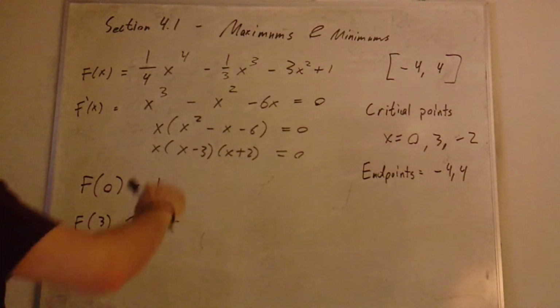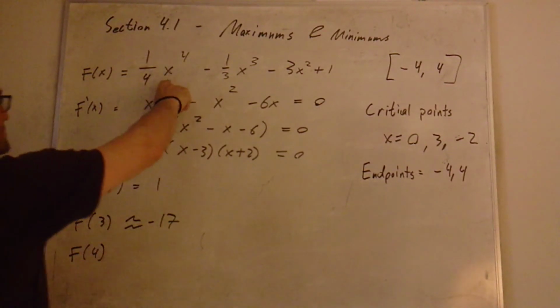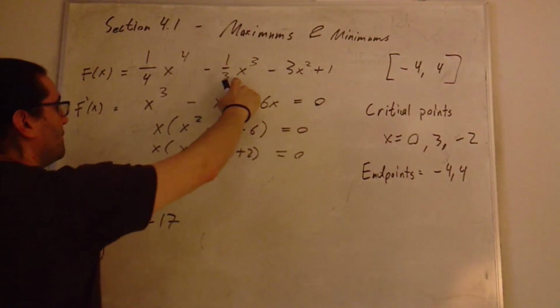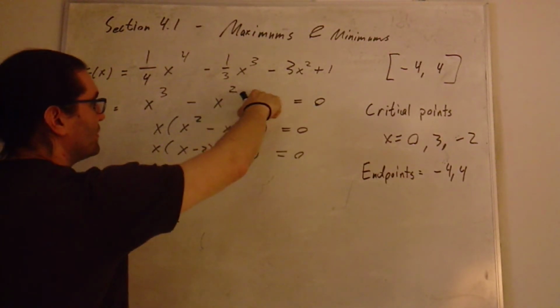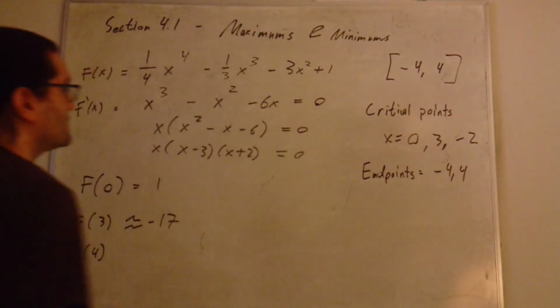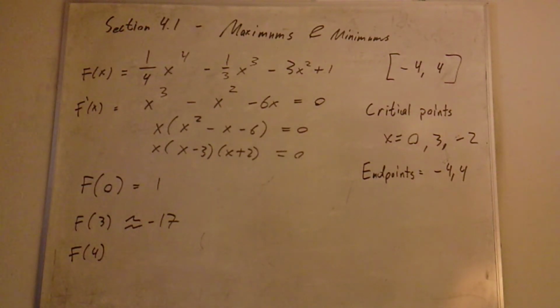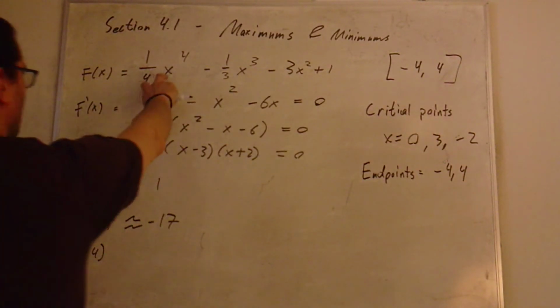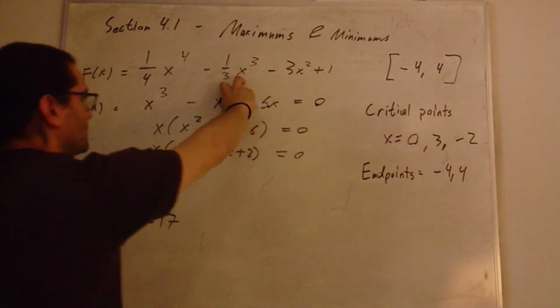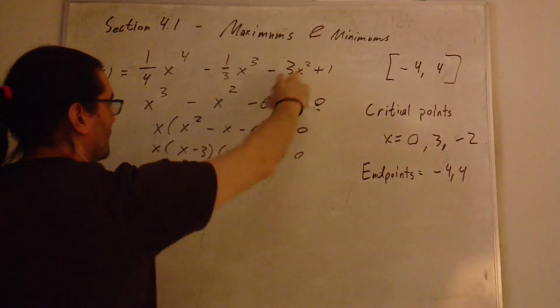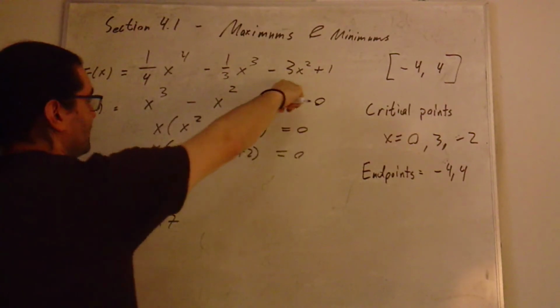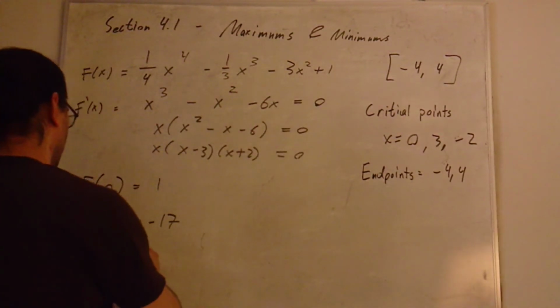F of 4 should be 64 minus 21 is 43 minus 48. What did I say this was? 64 minus 21. Yeah, 43 minus 48 is negative 5-ish, plus 1 is negative 4-ish.